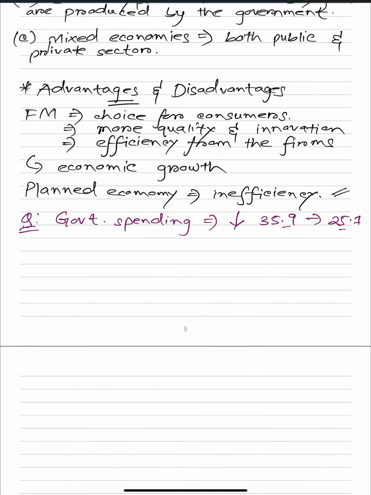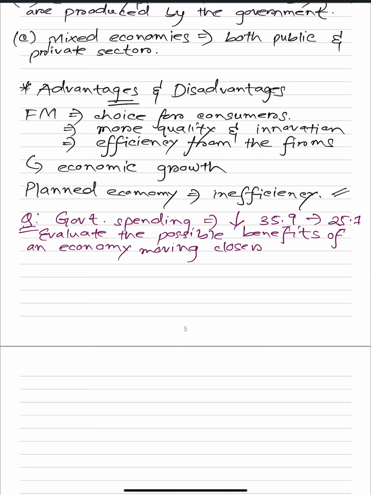So the question basically was, evaluate the possible benefits of an economy moving closer to being a free market economy. 20 marks.